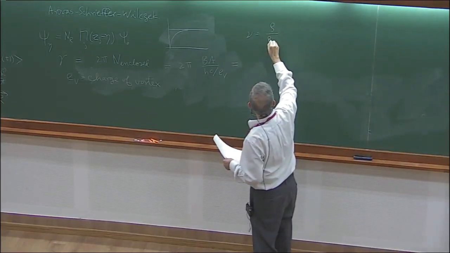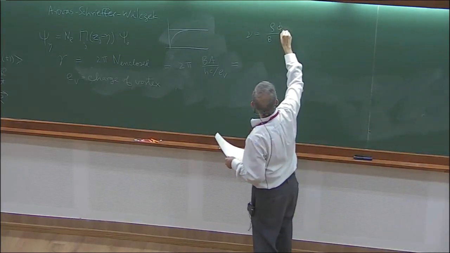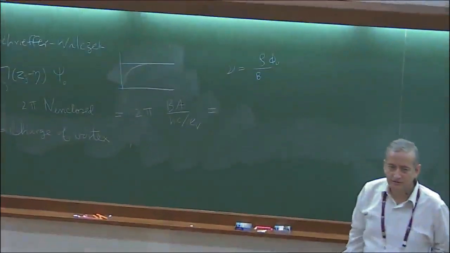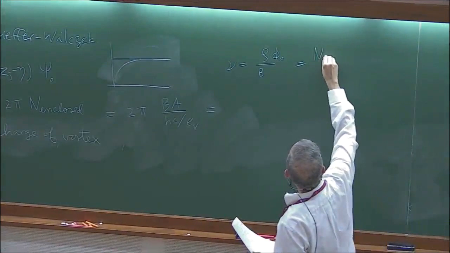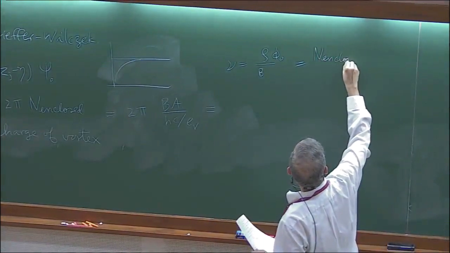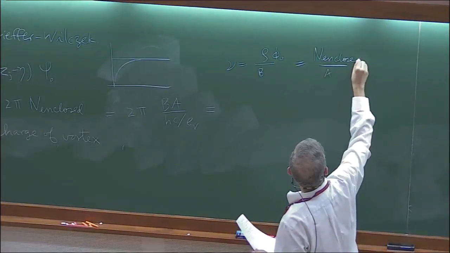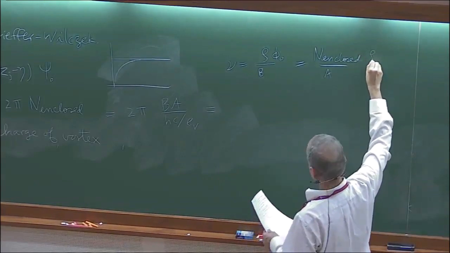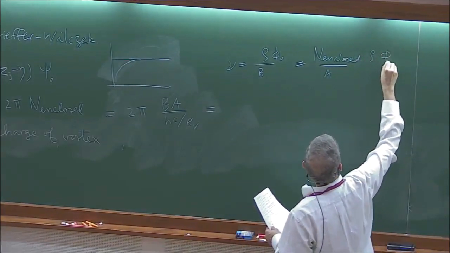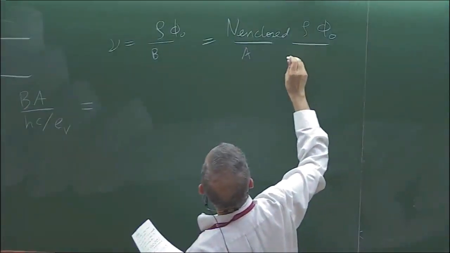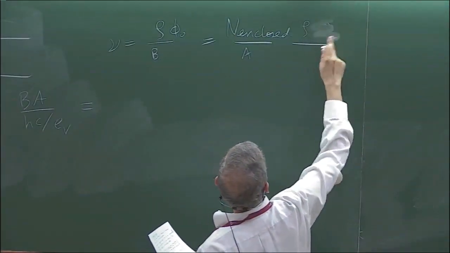Density is n enclosed divided by the area, times rho. So let's see, am I missing something?